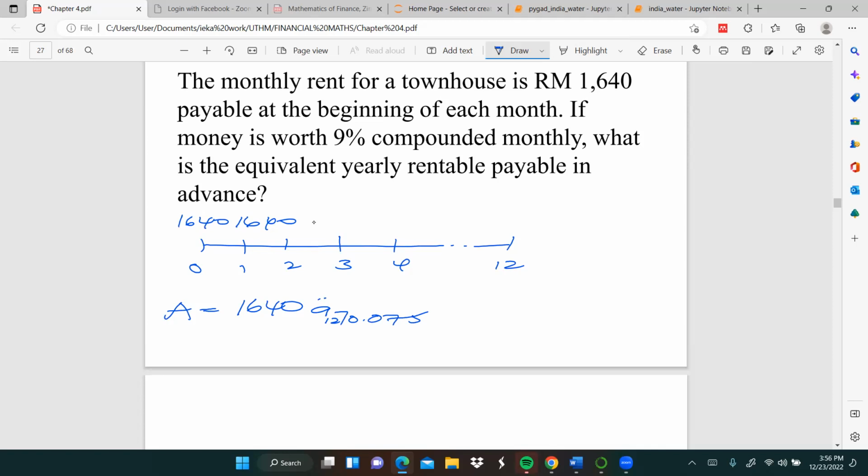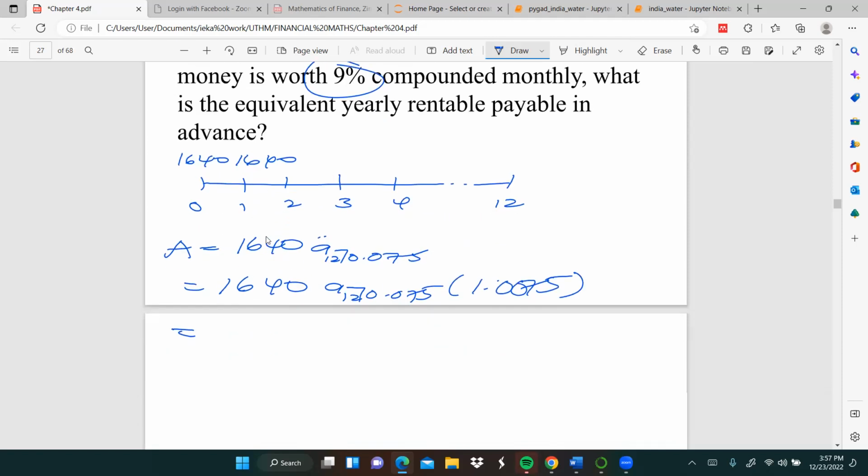Macam mana dapat 0.0075 tu? 9% ni bahagikanlah dengan 12. So the answer is RM18,893.91.